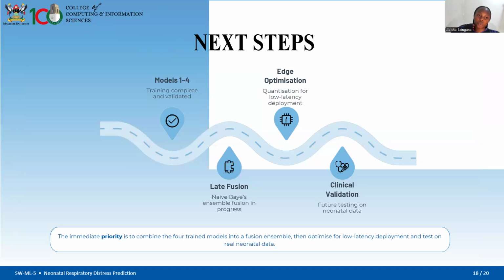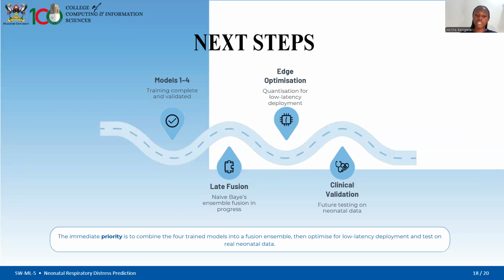So our next steps, we are going to be looking at what we've so far completed, what is in the pipeline, and what is in store for us in the future. So far what we've completed is the training of the 4 models, which have been trained and validated. And then what we're looking towards is the fusion of the models, both models from the clinical data and the audio data.